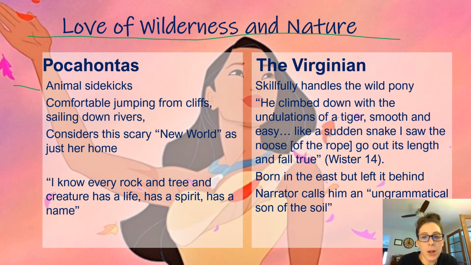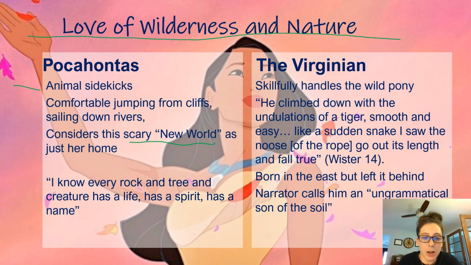In one of the first shots, we see her jumping off a cliff, and she sails down rivers and runs barefoot through the woods. Her home is just in nature. The Europeans came over to this scary new world, but it's just her home.